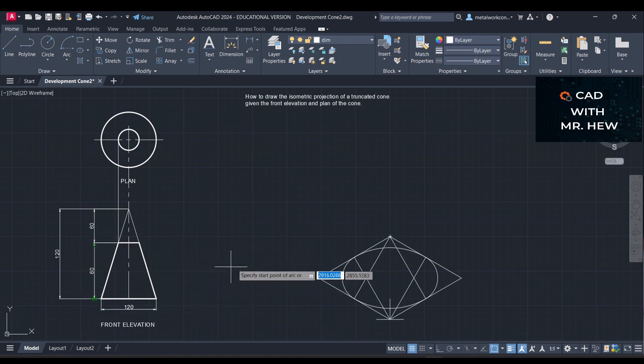Now, in this drawing, the next isometric plane is 60 millimeters above the base, right? So what you're going to do, you're going to draw a line which is 60 millimeters from this corner going up, okay?